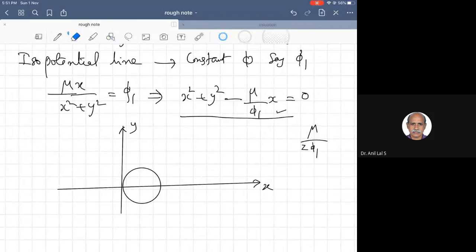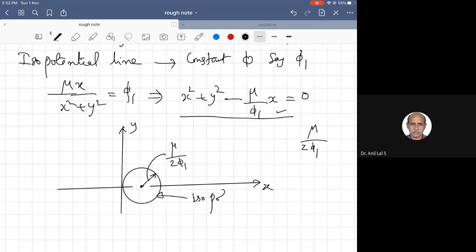So the center, and the radius is mu by 2 phi 1. So this is an isopotential line with phi equal to phi 1.